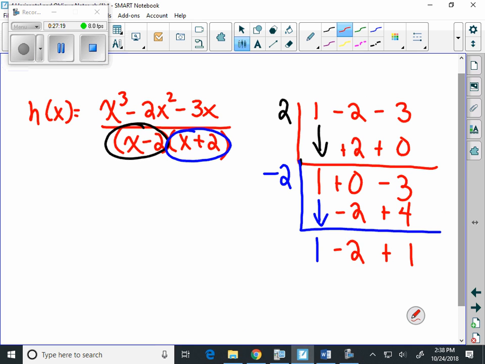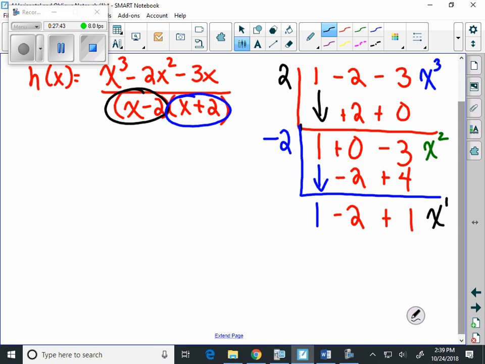And just recall, we started here with x cubed. When we divided the first time, our polynomial became an x squared term, but we divided again, so when we finished this, now we're down to x to the first degree, and what we're left with is 1x minus 2 plus 1 over, if you want to get technical, x squared minus 4.